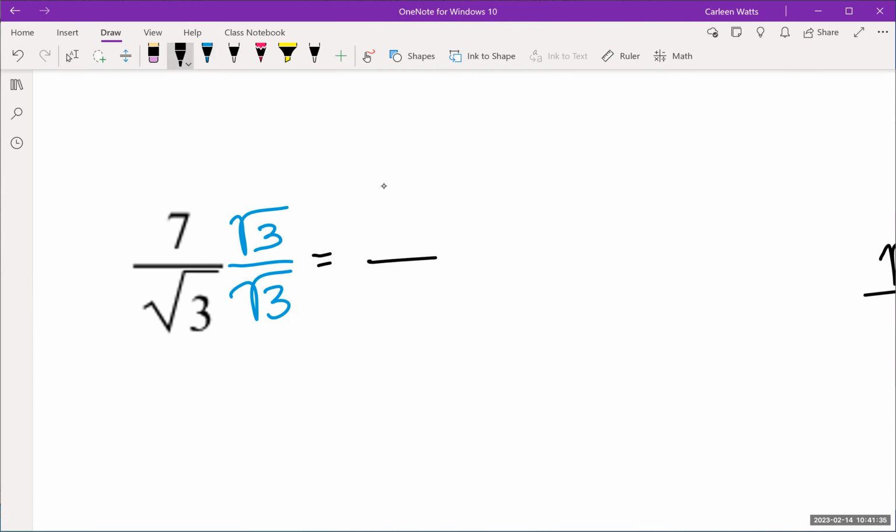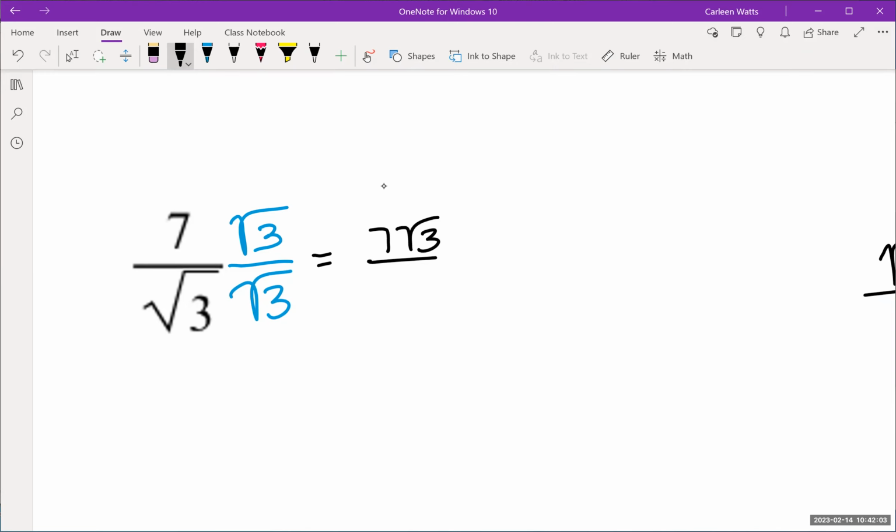What do we have on top? I have an outside 7 and an inside 3. You're going to have to make a decision. Can you multiply an outside 7 and an inside 3? No, you cannot. 7 rad 3.